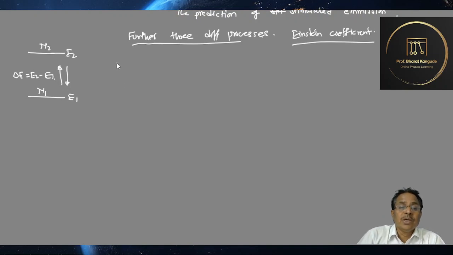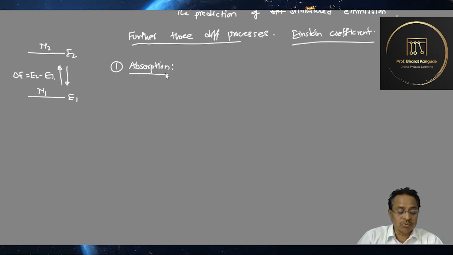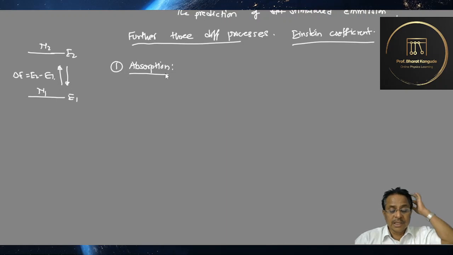In detail, the first process is called absorption. Let's see what absorption means and what happens here, as we have to calculate the Einstein constants. An atom residing in the lower energy level E1 may absorb an incident photon and jump to the excited state E2. That is the diagram we are going to draw here.